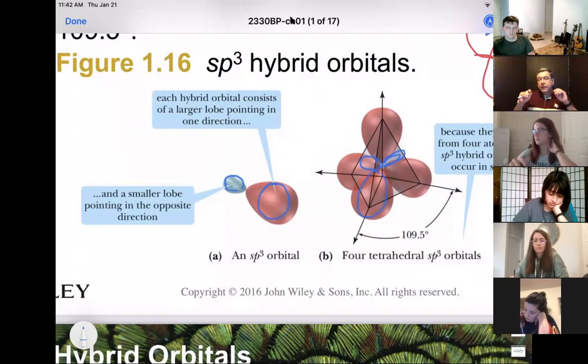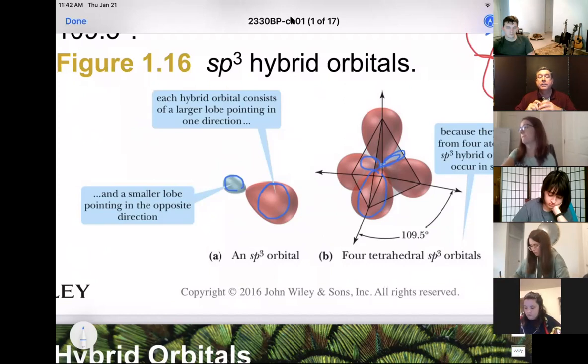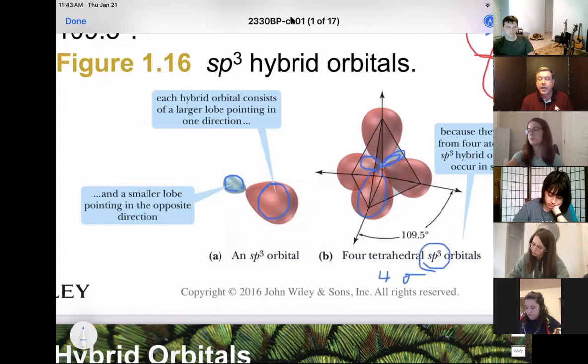Now, again, they're all equal in size, and that gives us that tetrahedral shape. So if you think about sp3, that gives us our four bonds, four sigma bonds, and a tetrahedral shape. If you want to remember it, it's 1 s and 3 p's equals 4 equal bonds.